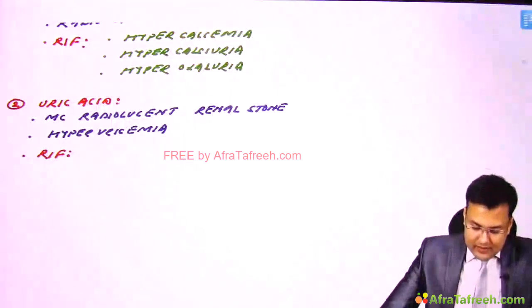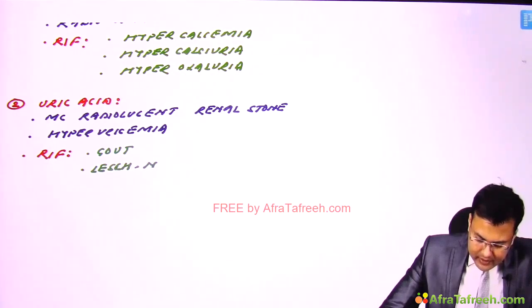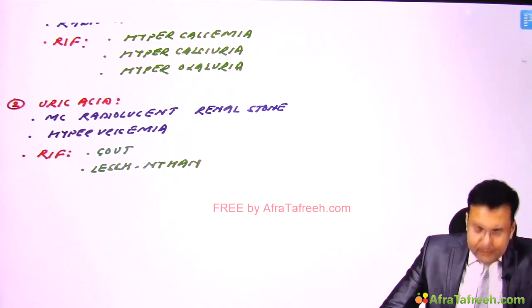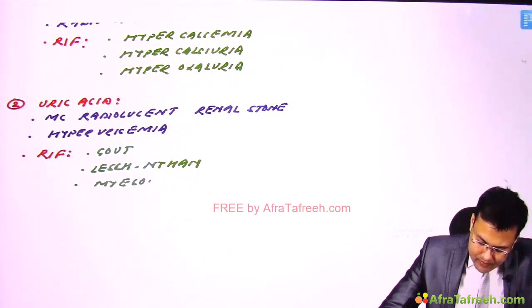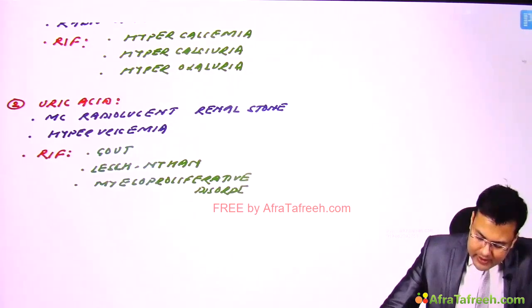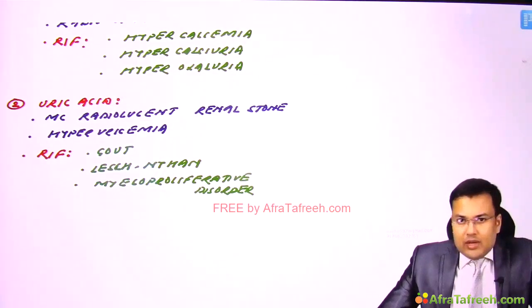First is gout, then Lesch-Nyhan syndrome. In Lesch-Nyhan syndrome, there is self-mutilating behavior and hyperuricemia. Then myeloproliferative disorder, clear, in which there is increased breakdown of cells, and because of that sometimes there is tumor lysis syndrome.